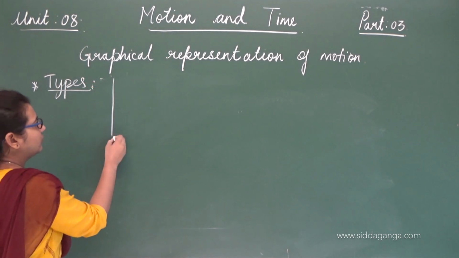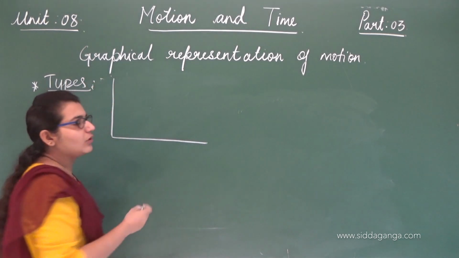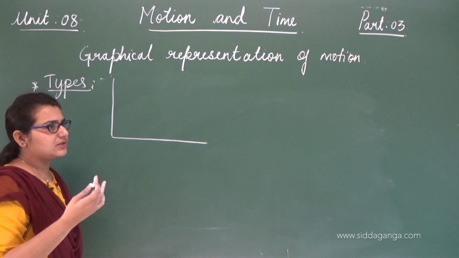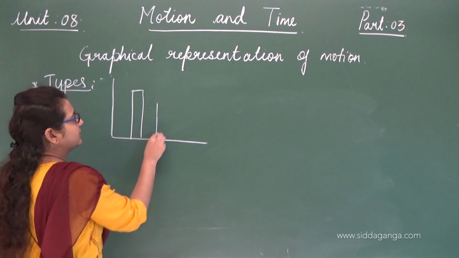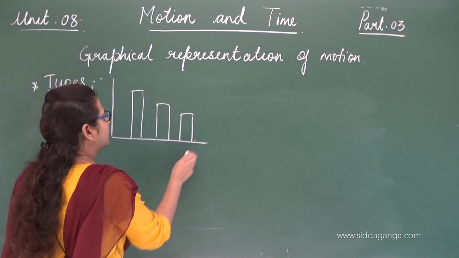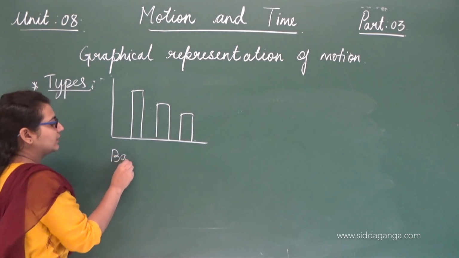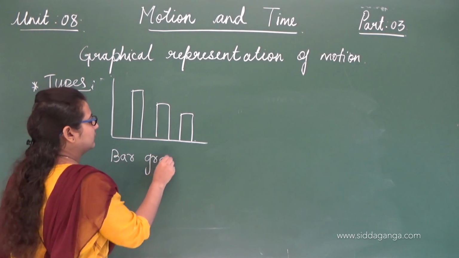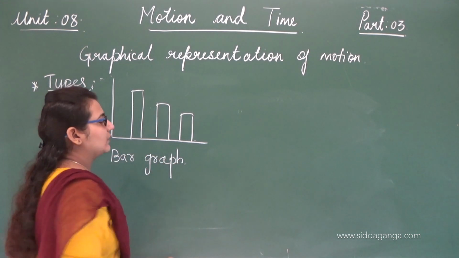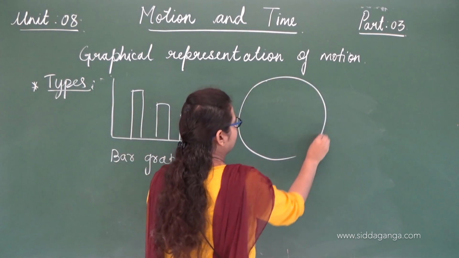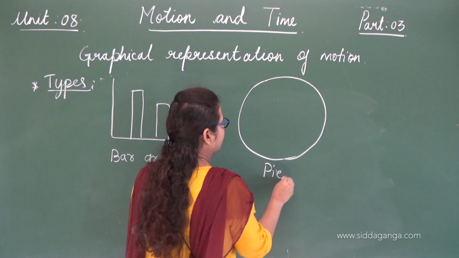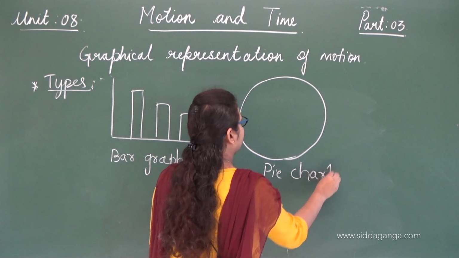In the earlier example that we studied, the fruit example, we have drawn the graph like this, right? So this is the bar graph. And there is one more graph, this is the pie chart.